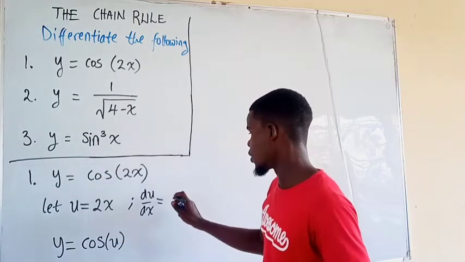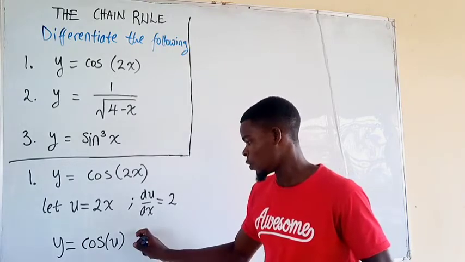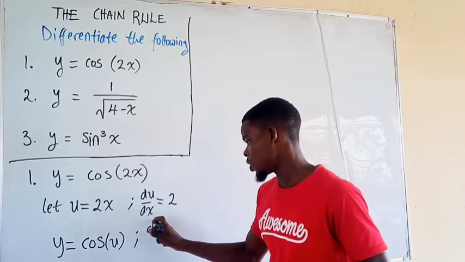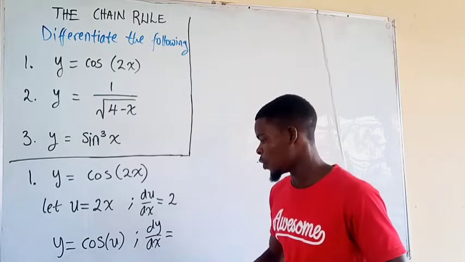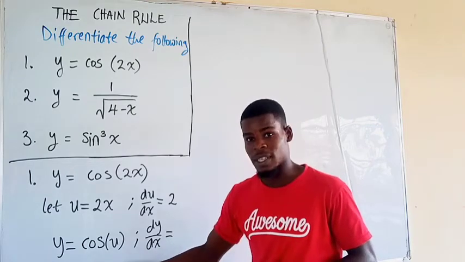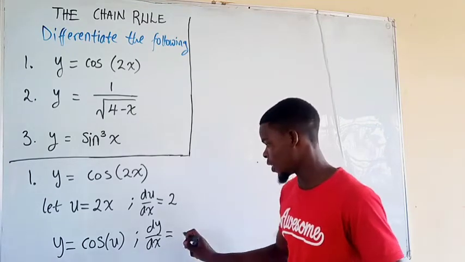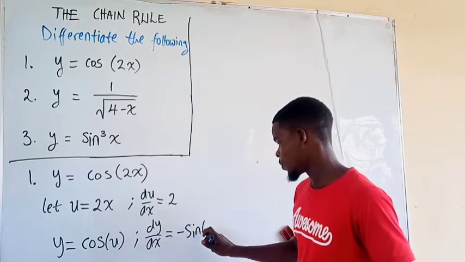Which is just 2. Good. And then we are going to differentiate y with respect to u. So dy/du will be, well, cosine of u. When we differentiate the cosine of something, we have negative sine of that thing, right? So negative sine of u.